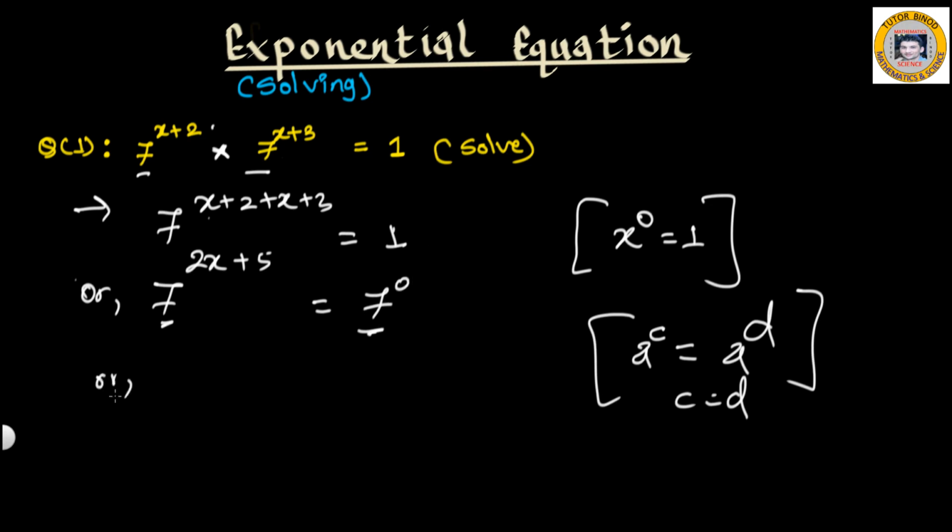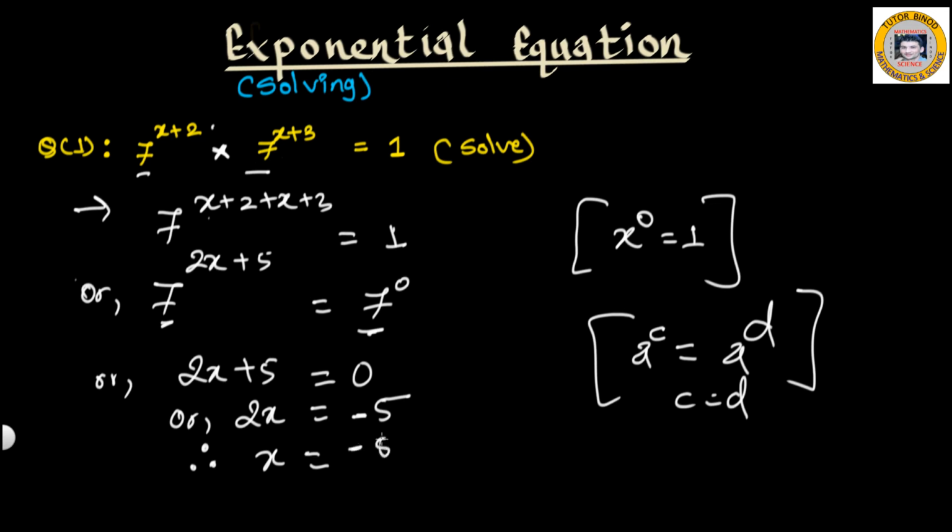The next step: because I have the same base, I can equate the power too. So 2x plus 5 is equal to 0. If we subtract 5 from both sides, we get 2x equals negative 5. Now if I divide both sides by 2, I get x equals negative 5 over 2. So this is how you solve the exponential equation.